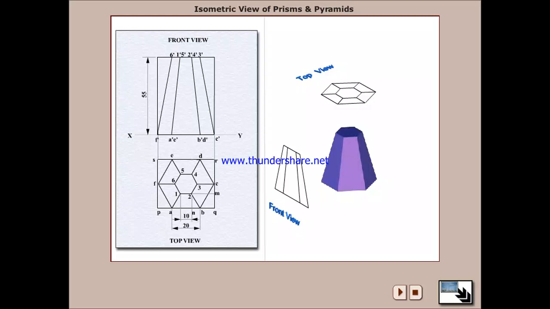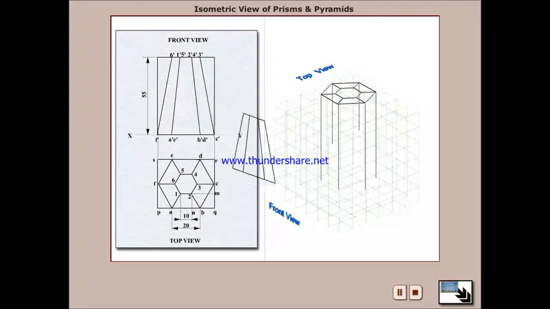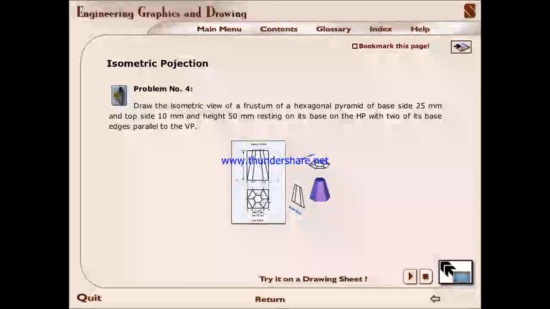Once again analyze. Now with this concept, try to draw on a drawing sheet.